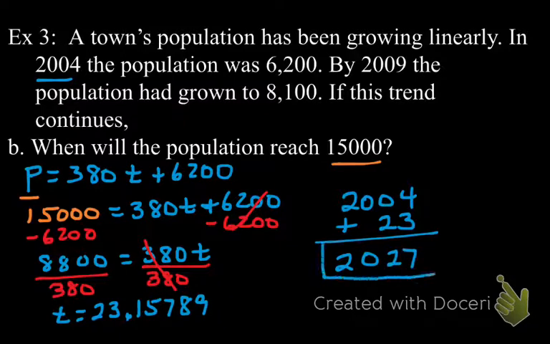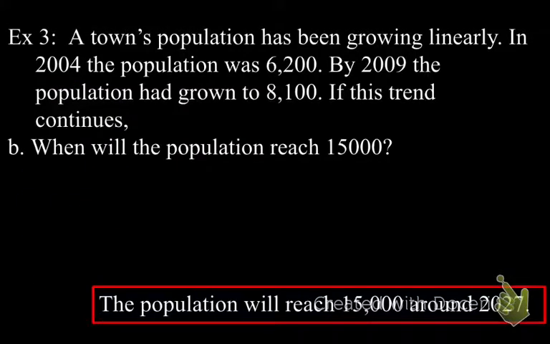Sometime during the year 2027 is when, according to this model, the population will reach 15,000. And you can see that, again, written in a complete sentence there. The population will reach 15,000 around the year 2027.